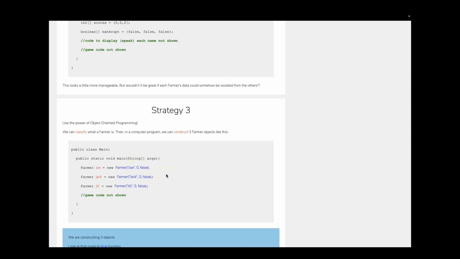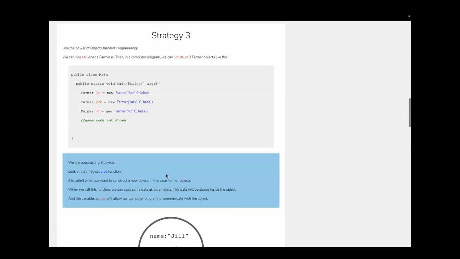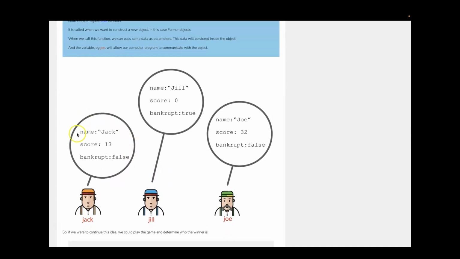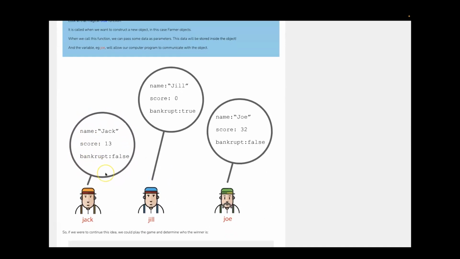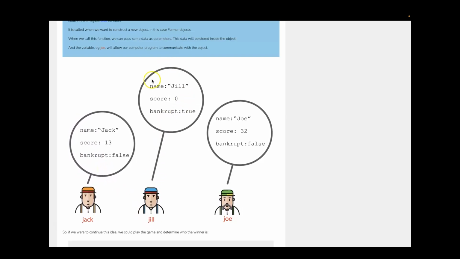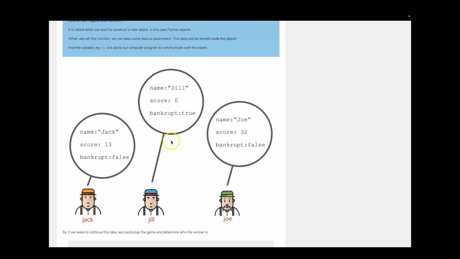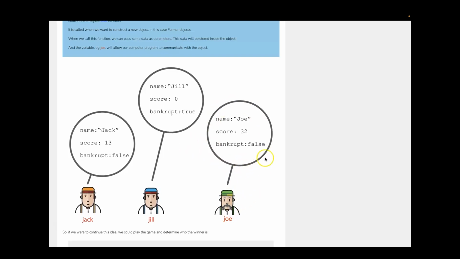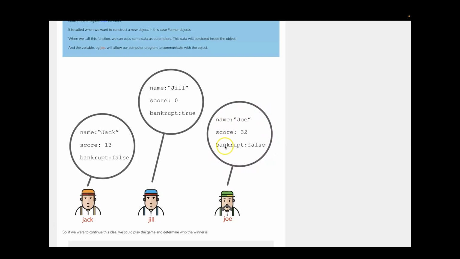So what we really want is a farmer object which stores a name, a score, and a bankrupt status, and another farmer object which stores a name, a score, and a bankrupt status, because we know every farmer has three properties. And then, of course, our third farmer object which stores a name, a score, and a bankrupt status.